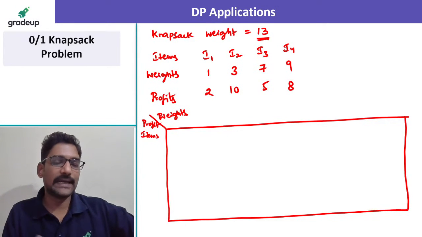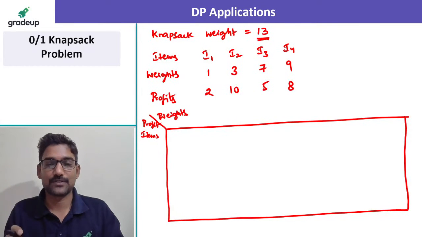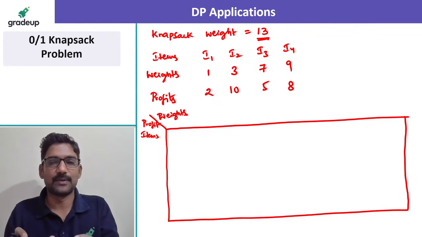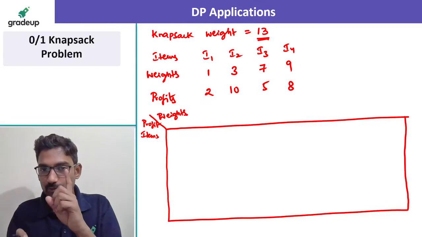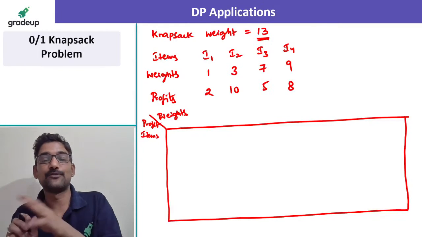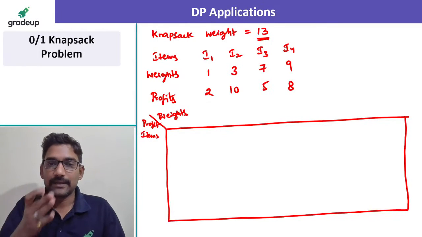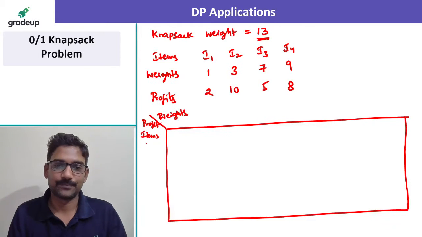The idea behind dynamic programming is to divide a problem into subproblems, the smallest subproblem first. If you are given a knapsack with weight 1, with weight 2, with weight 3, with weight 4, like that, in an incremental way we construct the solution.